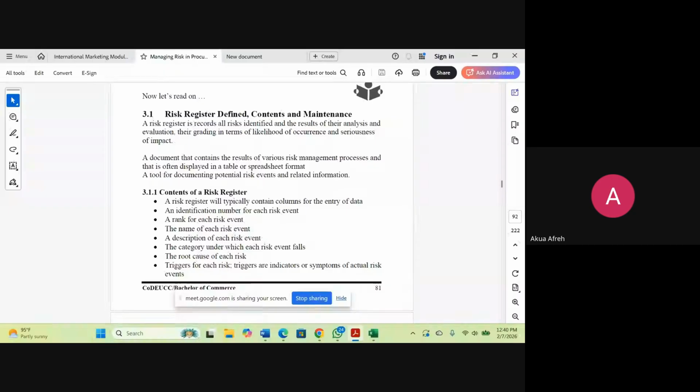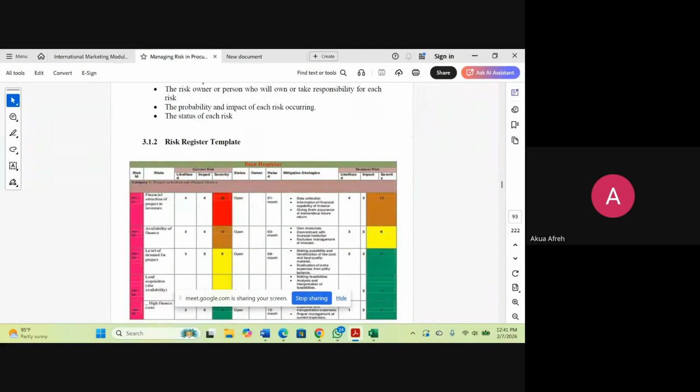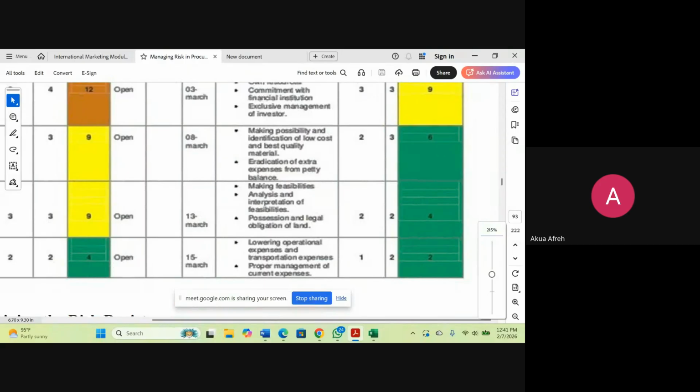Then in the register, you are able to rank each risk depending on the likelihood and the impact of those risks. Normally they use the traffic light. I think the diagram is in your book. When you get there, you would see. Then the description, the root cause of the risk and what triggers the risk. All these things are in the risk register. So this is how the risk register looks.